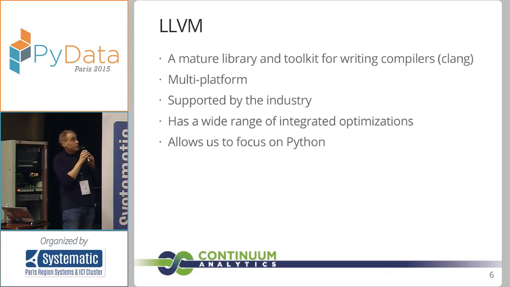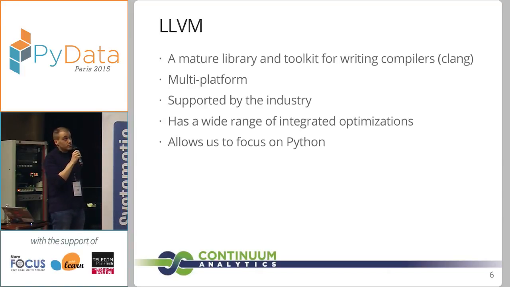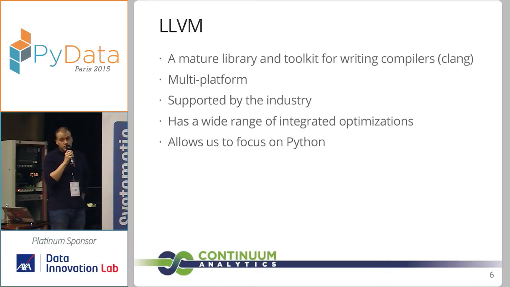So why LLVM? Well, the nice thing is that it's a mature library which has been developed since the early 2000s, first in academia and then supported by the industry. Clang, which is the compiler derived from LLVM, is the default compiler on OS X, I think. Perhaps on the BSDs too. It's multi-platform.